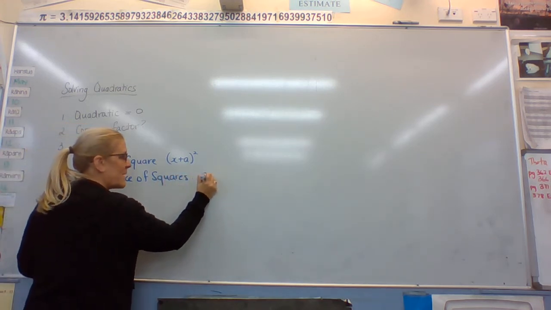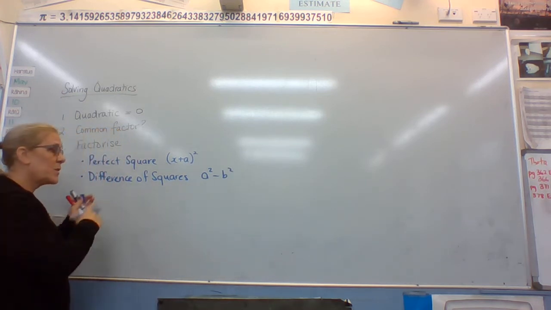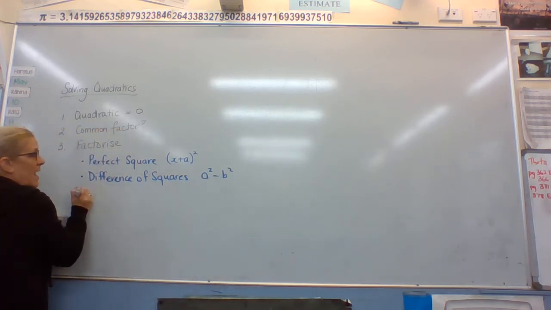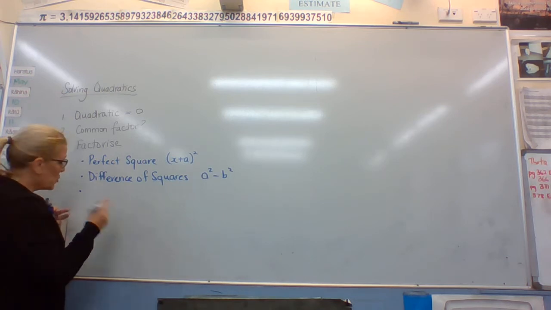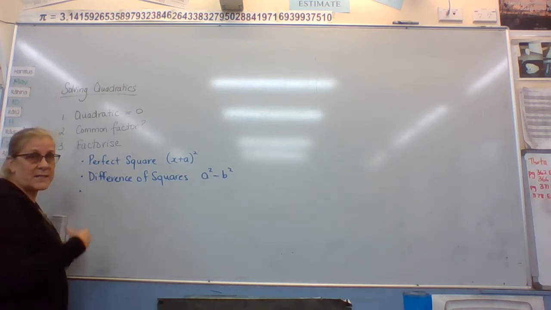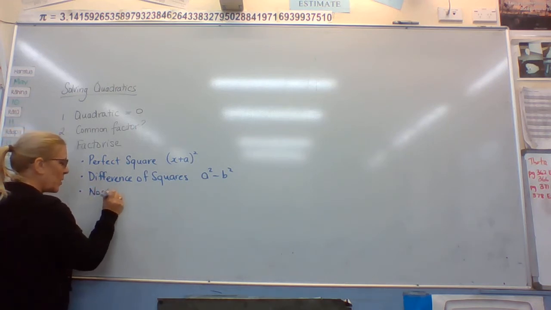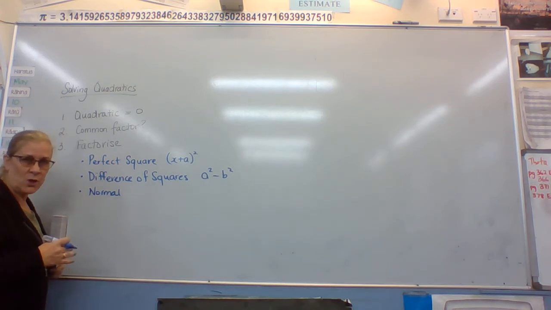So that means we've got something squared minus something squared as our question, so that we can actually put them into 2 brackets. And then we just do a usual what multiplies to this. So we might have a situation what multiplies to this and adds to that. I'm going to just call that normal for the moment, because that's the one we've been doing the longest.